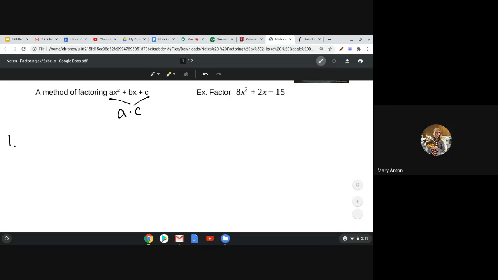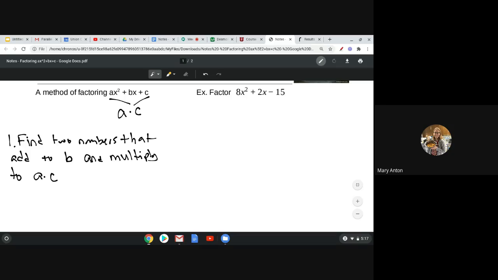Step one will be find two numbers that add to b, just like we did in the last section, and that multiply to a times c. So that's going to be our first step.